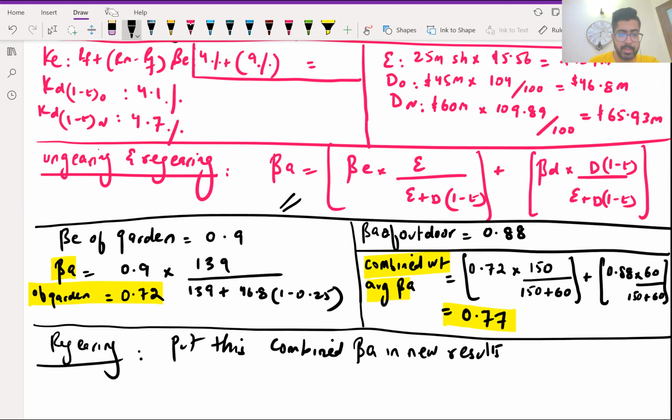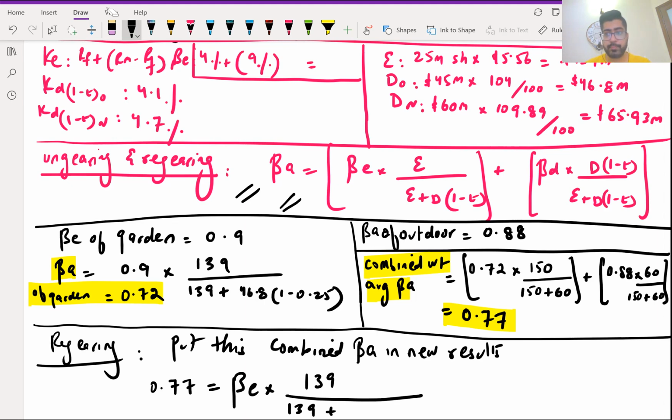To get beta equity, if I use this equation again, combined beta asset is 0.77. I need a combined beta equity. Now, E in the new structure is 139, plus debt in the new structure, which is the old 46.8 plus the new 65.93, that is 112.73, times 1 minus 0.25.